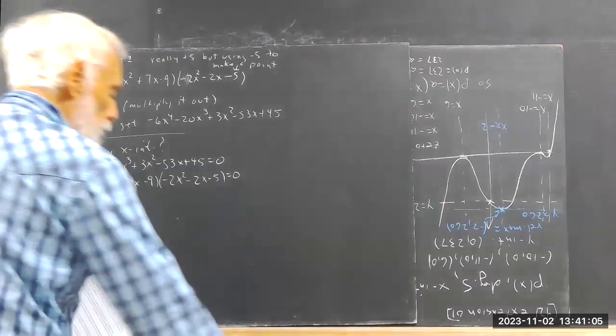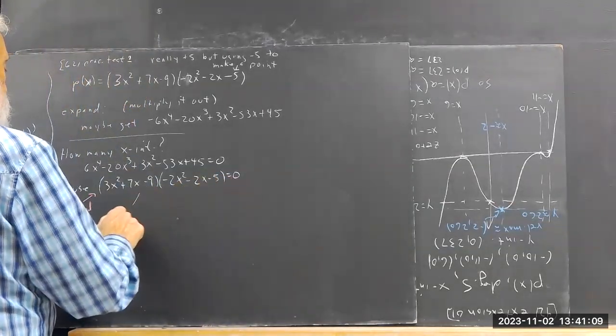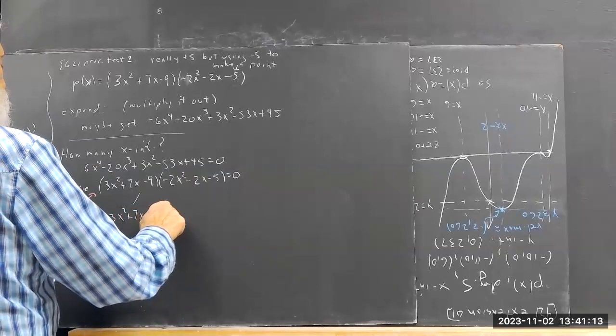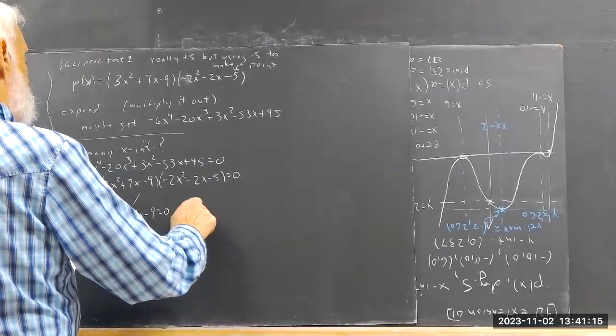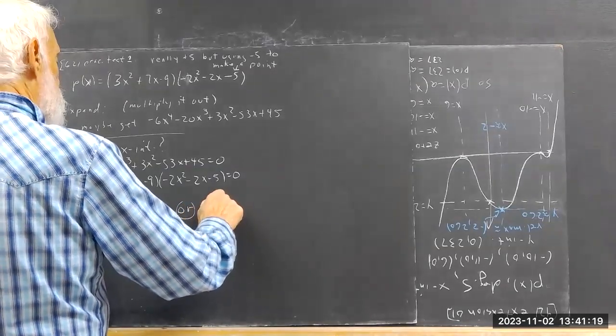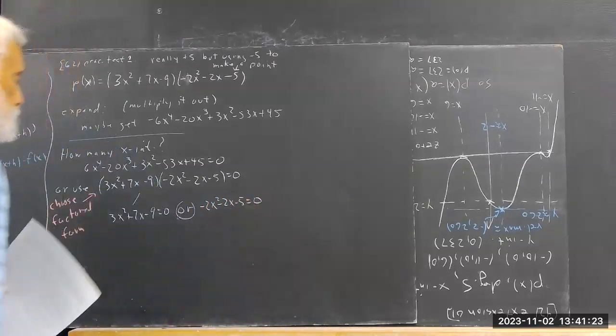We'll choose to use the factored form because this equation splits into the equation 3x squared plus 7x minus 9 equals 0, or the equation -2x squared minus 2x minus 5 equals 0.